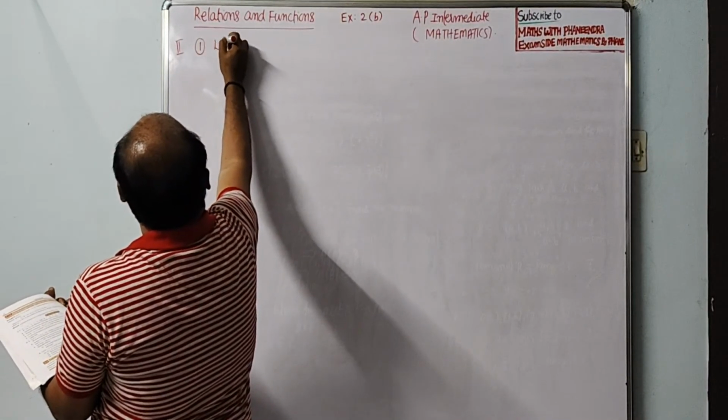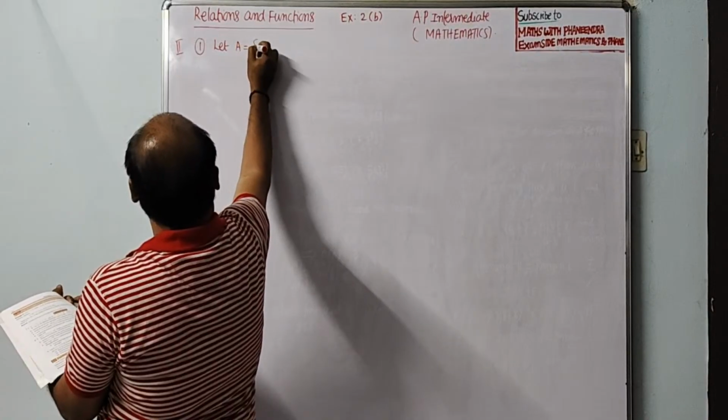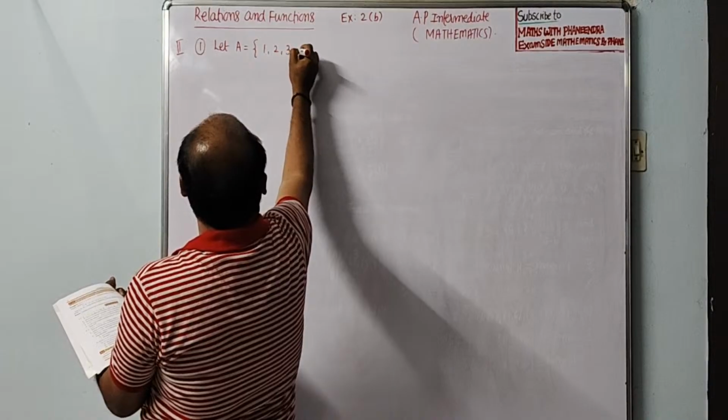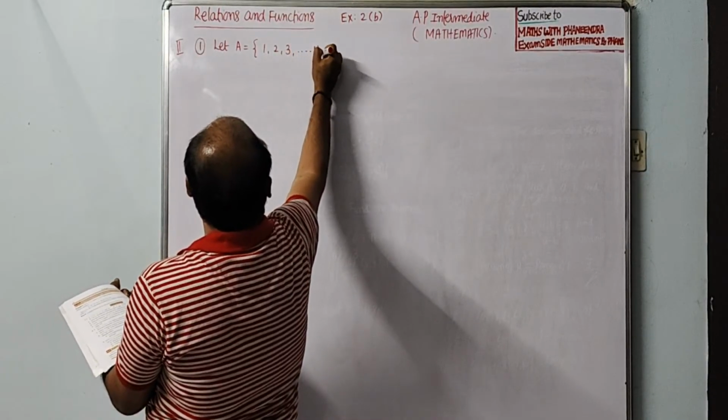In second bit, question number 1, let A equal to {1, 2, 3 and so on up to 14}.